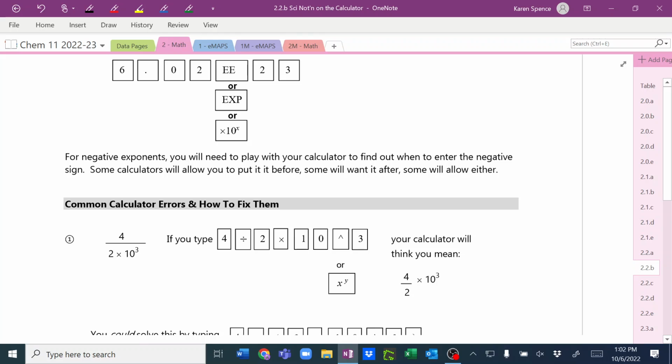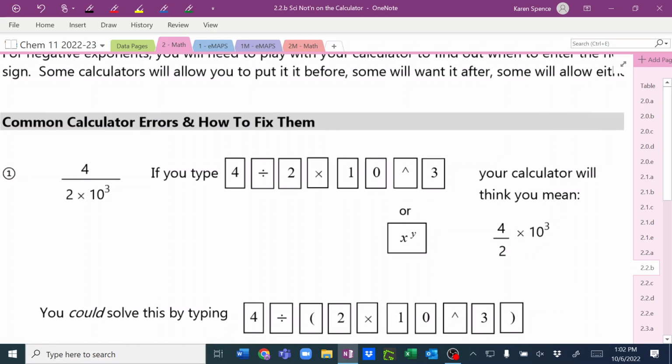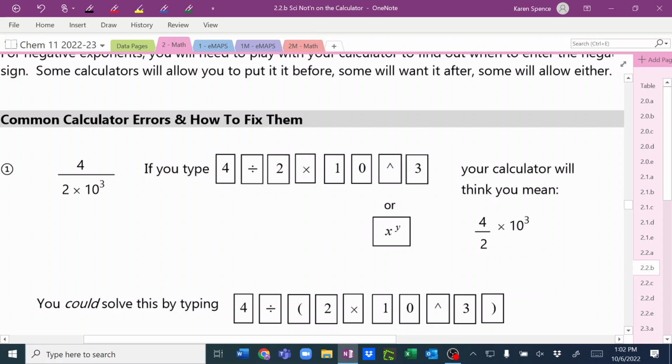Here are some errors that might occur if you use your calculator incorrectly, because this is what people want to do. They see 4, so they type in 4, and then they see divided by, so they type in divided by, and then they see 2, so they type in 2, and then they see a times, so they type in times. But the problem is the moment you type in times, your calculator thinks you're doing 4 divided by 2 times, and it puts the times up top. That's what your calculator thinks.